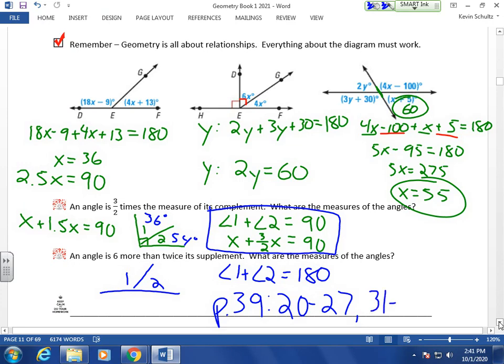However, you already did number 33. It was one of the ones on the sheet, so you don't need to worry about that one. But page 39, 20 to 27, 31 to 38. Do it Monday.